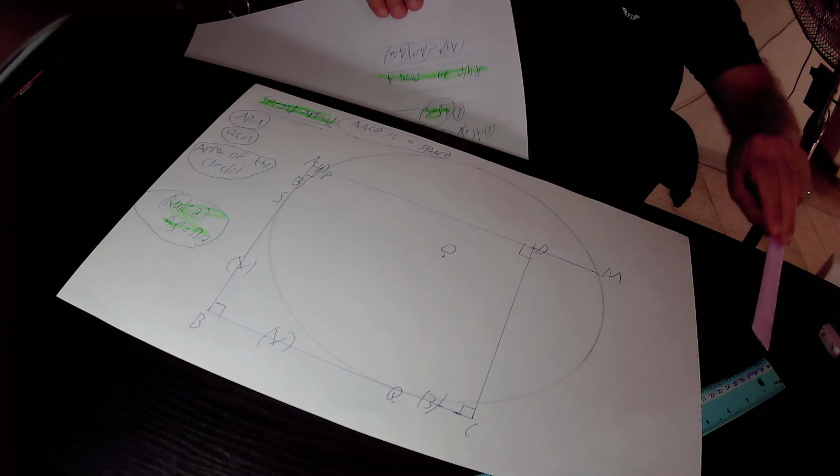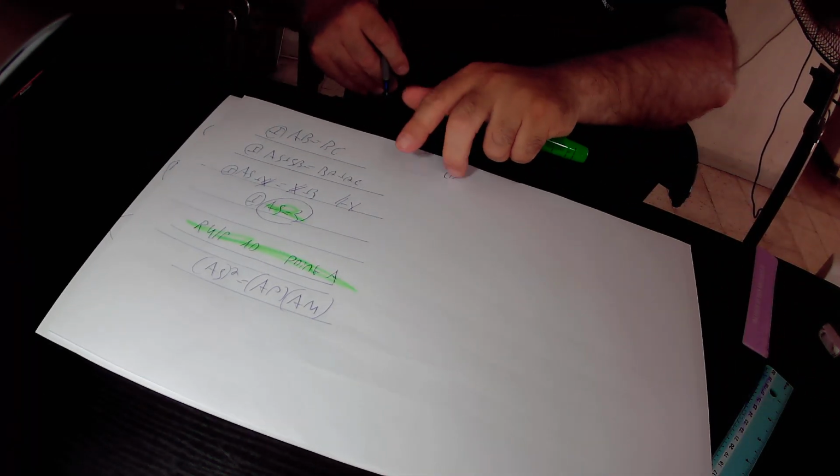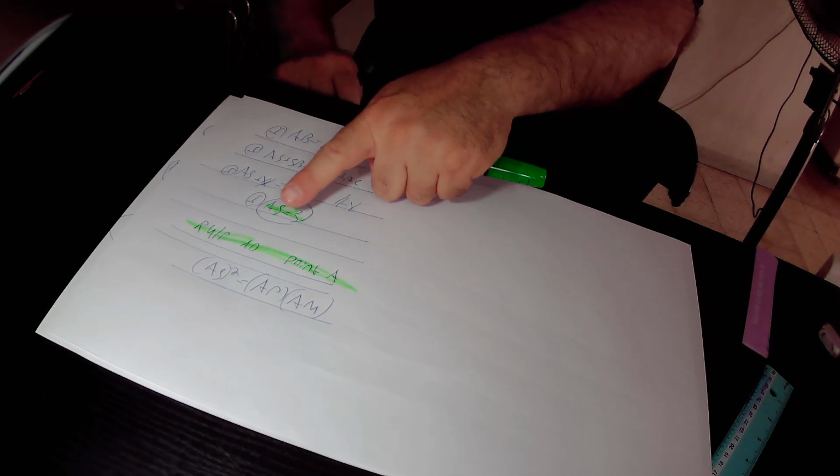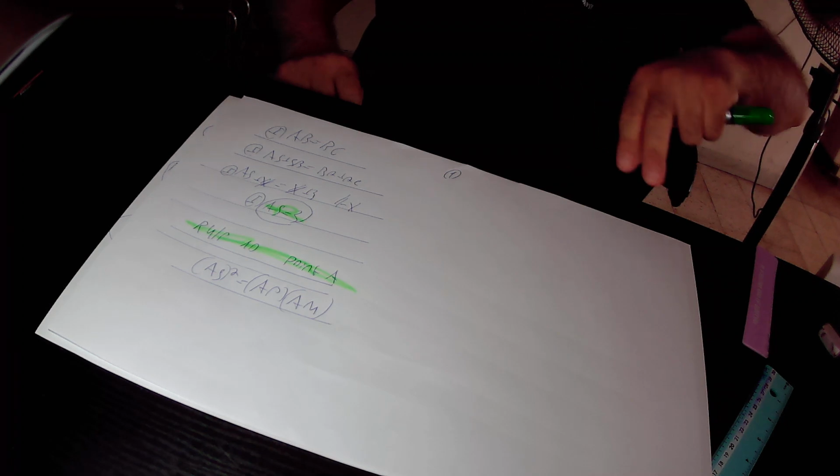Again, if we focus on the common external point A, according to rule 10, AS square equals AP times AM.